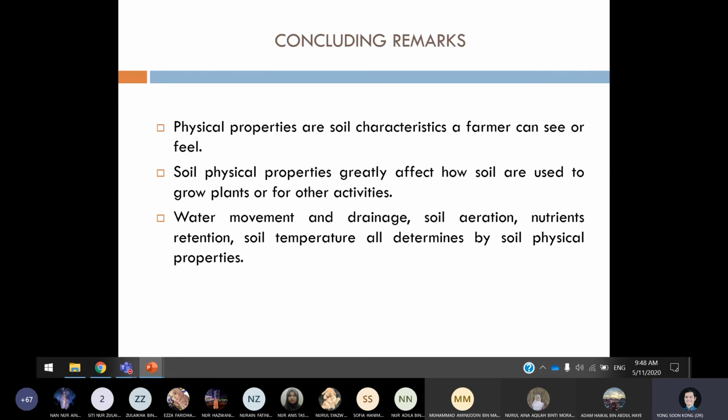For your information, farmers just use their fingers to sort of measure the quality of the soil. They don't need to send samples to a lab. You can determine it right there, based on the color and the texture. Based on these two alone, you can already know whether the soil is good or not.